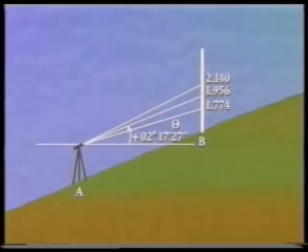Although it is only as accurate as synthetic taping, stadia tachymetry does have one big advantage in that it can also be used to measure the reduced levels of points.